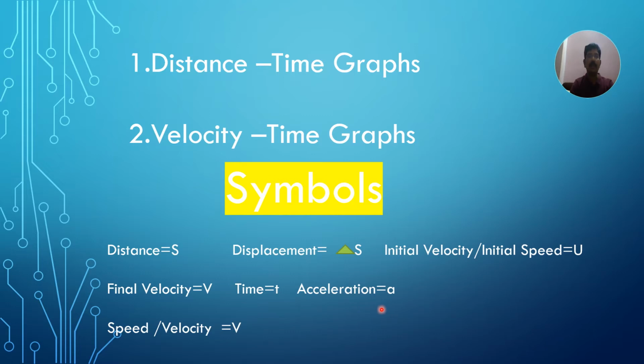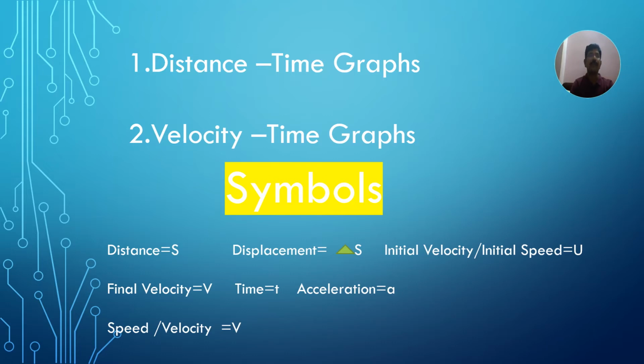We have to remember one more thing: velocity or speed is always represented using the symbol V. We have to remember these symbols, as per NCERT norms, in this lesson on motion.